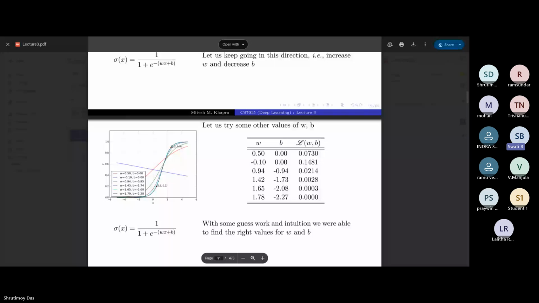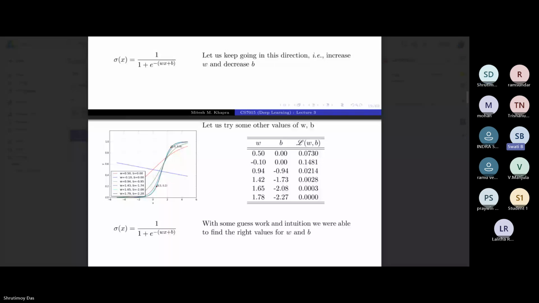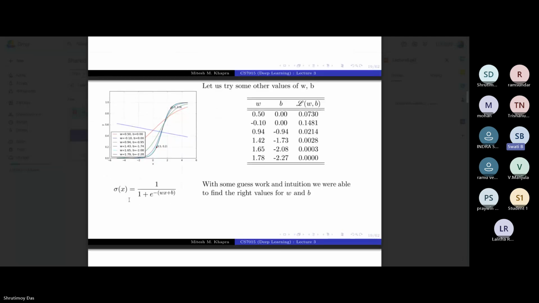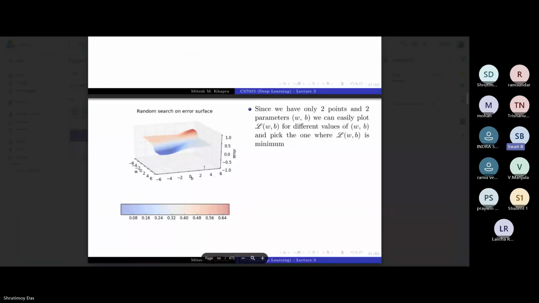Not exactly. So you are saying that the first one is the output of the logistic function, right? Yes, the first one is the output of the logistic function, but the other plot is the output of the overall neural network function. No, no, this is not the output.